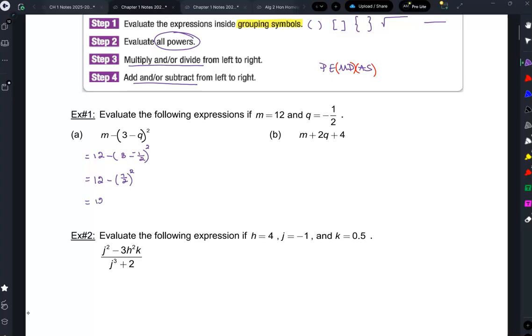So this is going to be 12 minus 49 over 4. Now I need a common denominator. If this is over 1, I multiply by 4. I get 48 over 4 minus 49 over 4, which is negative 1 over 4.